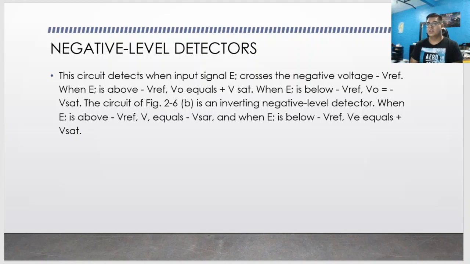This circuit can be seen in figure 2-6. It's an inverting negative level detector: when E is above VREF, VO equals minus V SAT, and when E is below VREF, VO equals plus V SAT.